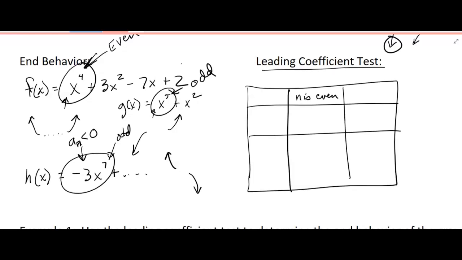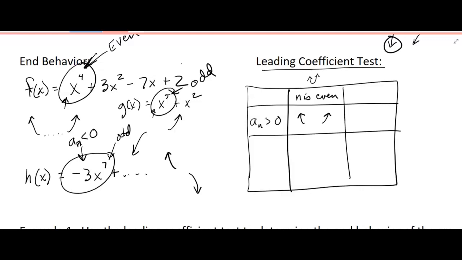That's going to behave like the parabola, the x squared, which is an even function with degree 2. If the degree is even and a sub n is positive, greater than 0, it's going to look just like your basic parabola. It's going to go up to the left and up to the right.